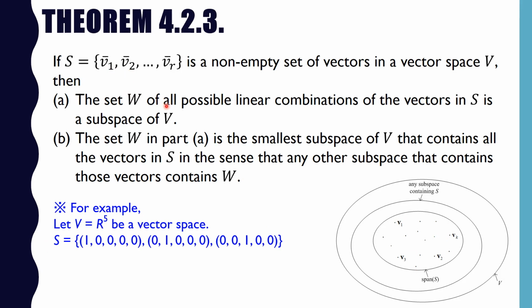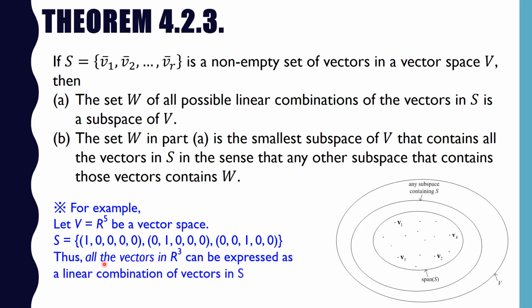Now we are going to explore the first statement. What happens if we make all possible linear combinations of vectors in S? That produces the vectors in R3. That means any vector in R3 can be expressed as a linear combination of vectors in S. You can easily understand this because these three elements are nothing but the elements similar to i cap, j cap, k cap in R3.